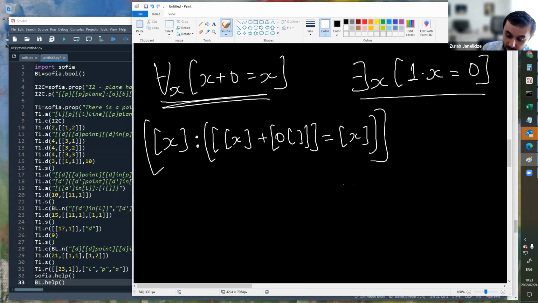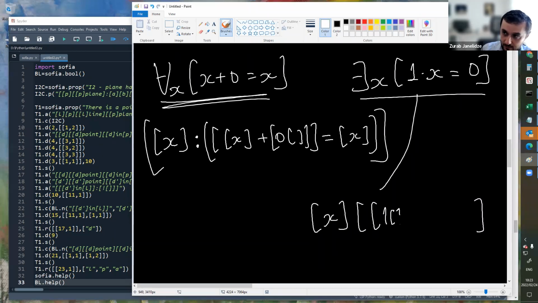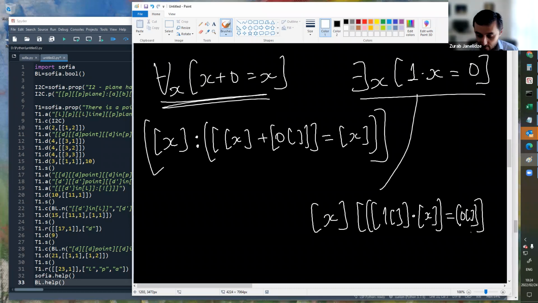And for this one, I don't need to be given anything. I'm just declaring that there exists x such that 1 times x equals 0. I hope I got the number of brackets right there.